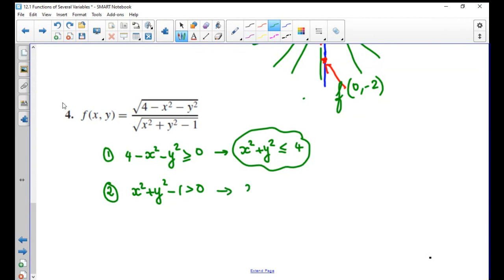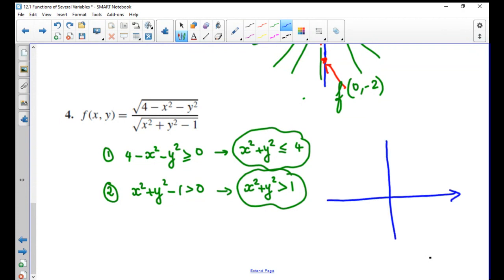So that means x squared plus y squared greater than 1. That means outside the circle of radius 1. So therefore, inside the circle of radius 2, but outside the circle of radius 1. So it means it's between the two circles.